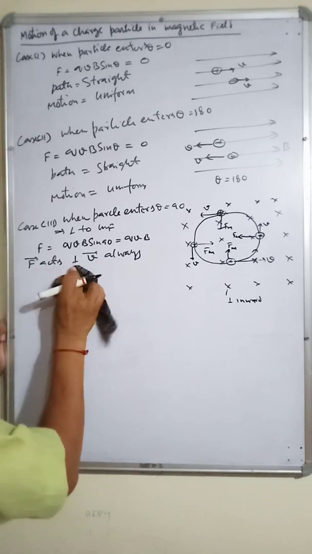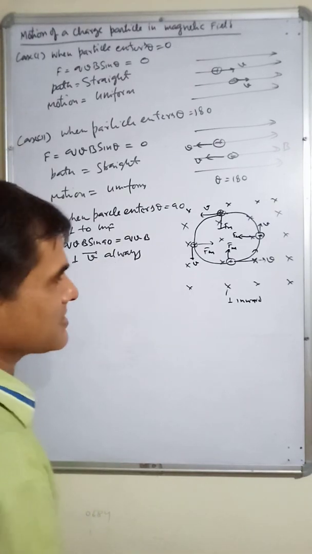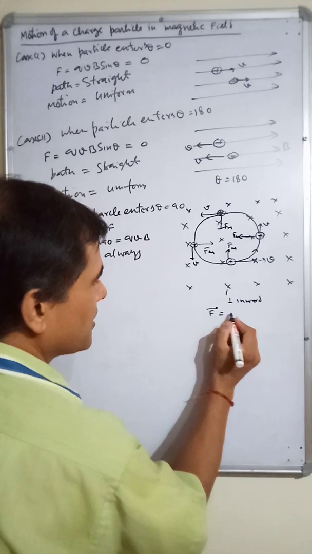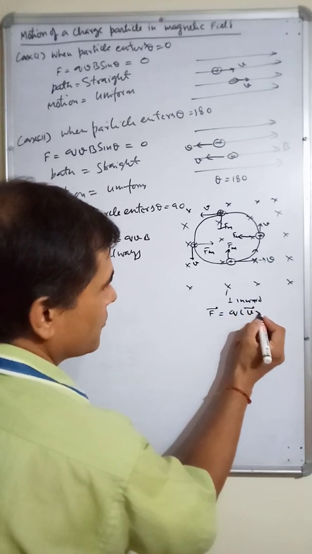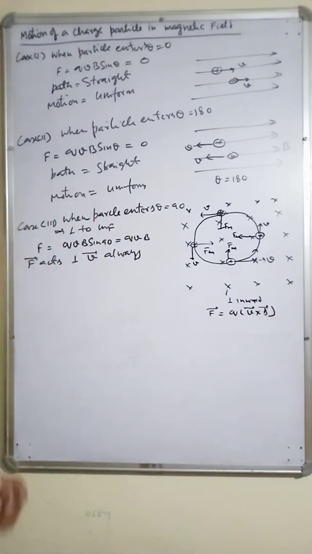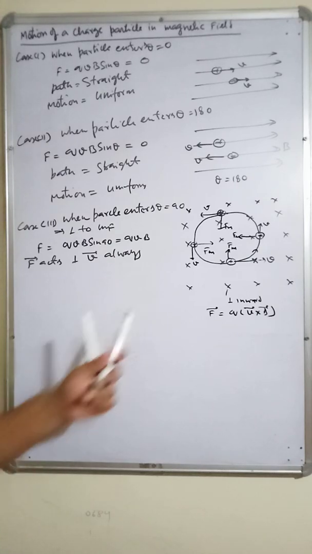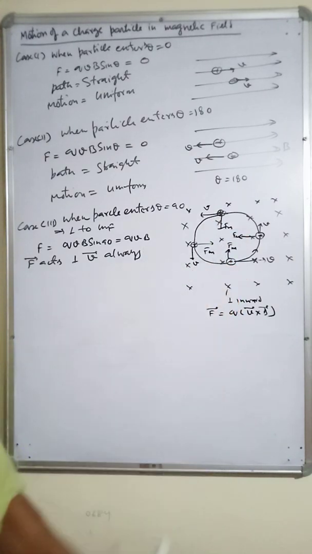Now this force acts as a centripetal force, because of which we write F is equal to q v cross B, right? So now what happened? Every force which acts toward the center changes the direction, not the magnitude. It acts as a centripetal force.